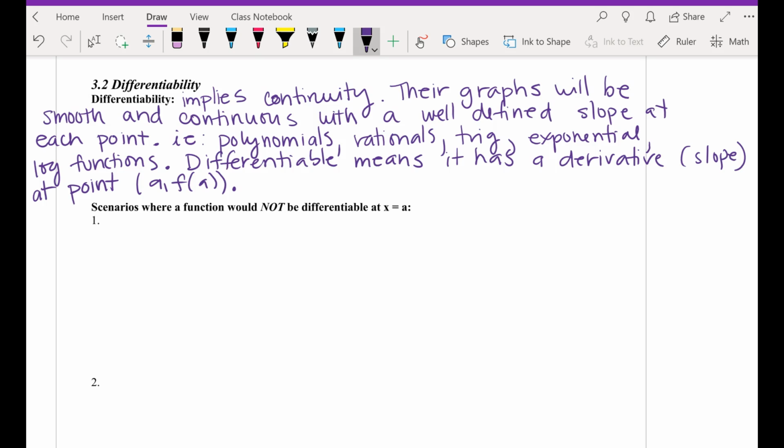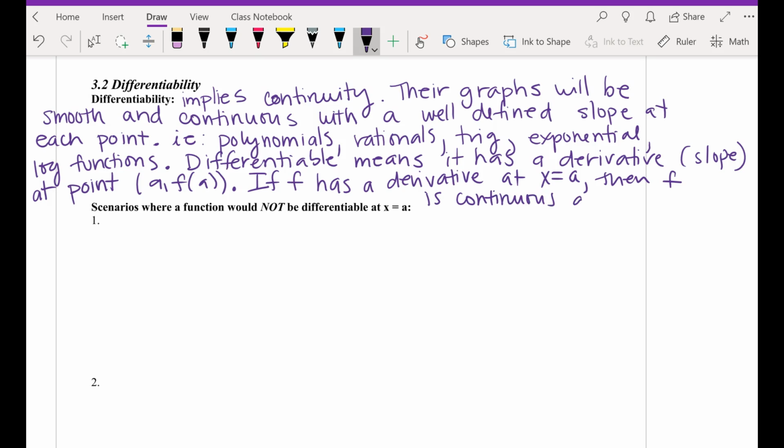If f has a derivative at x equals a, then f is continuous at x equals a.